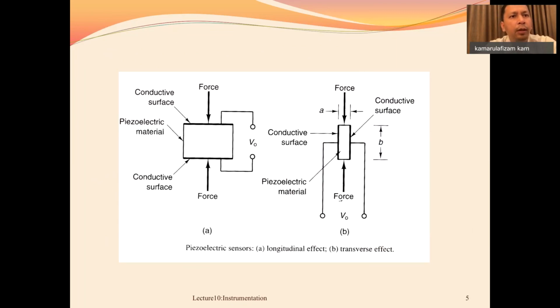You have a conductive surface, the piezo material, and another conductive surface, and when you put force from the top and the bottom, you can put your multimeter on and measure the voltage that comes from both surfaces of the material. This is one way to measure the voltage out, which is called the longitudinal effect, and the other one is the transverse effect.